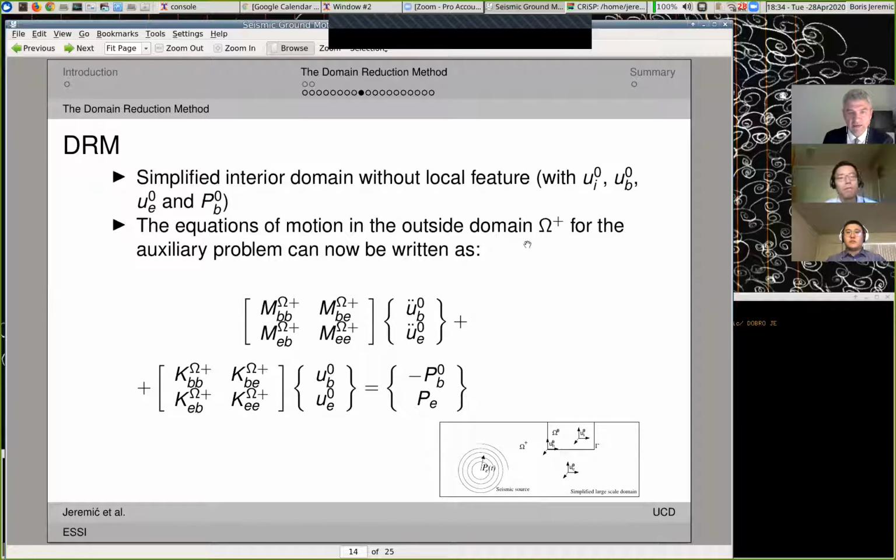We can write that previous equation for the domain outside by using zeros here, which means essentially displacements and accelerations on the boundary and on the outside for a free field domain without the local feature. So we think that these on the outside, we can write them down as a free field, and they're far away from the boundary so that they're not going to be affected that much. And we'll see that actually there will be a slight change in variables coming soon.